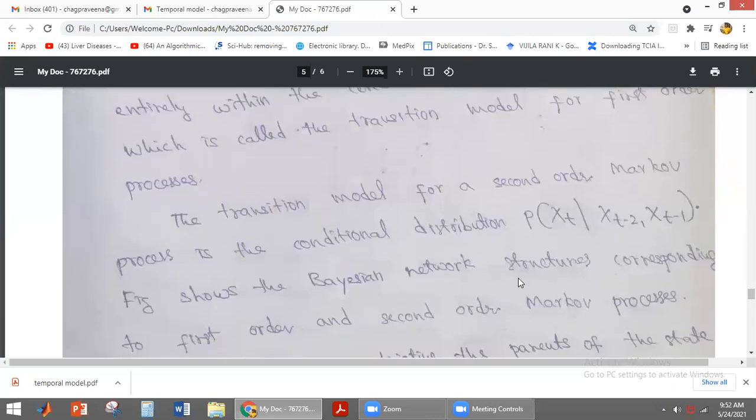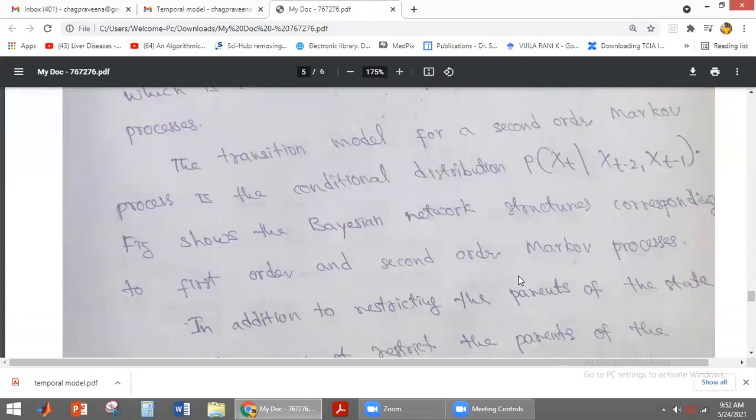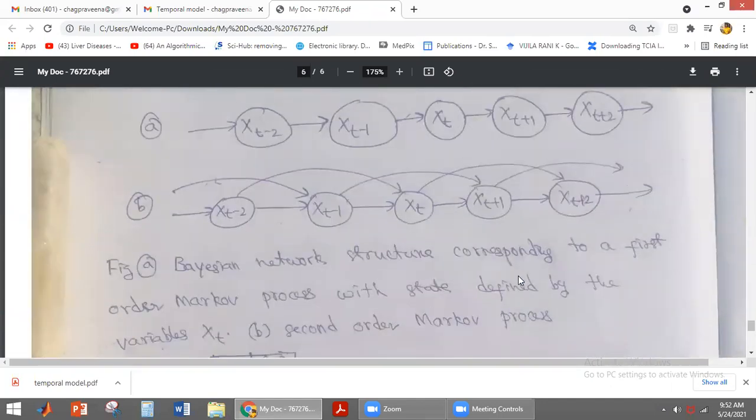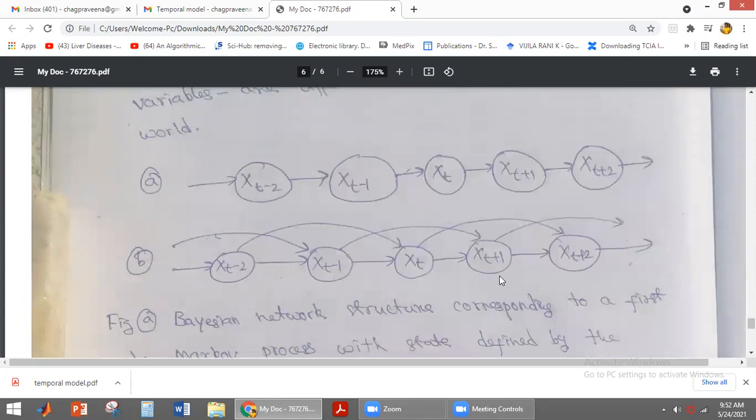Here the Bayesian network structure corresponding to first order and second order Markov processes is given, students. You see this figure, all of you. In the first order, xt depends upon the previous state xt minus 1, like this.